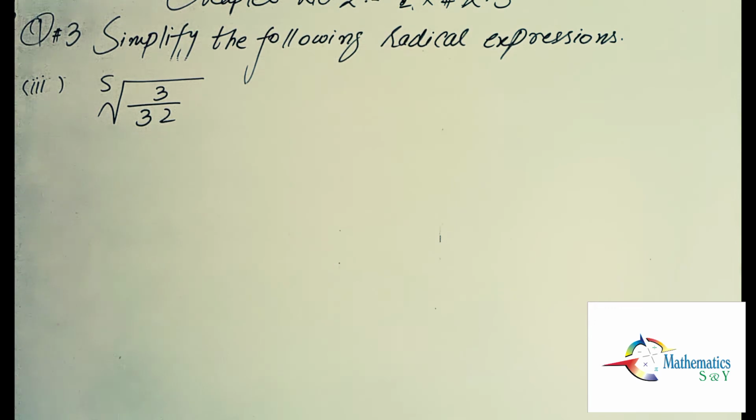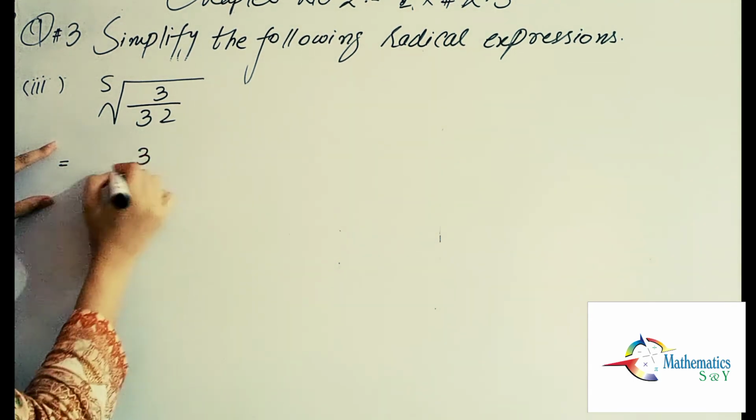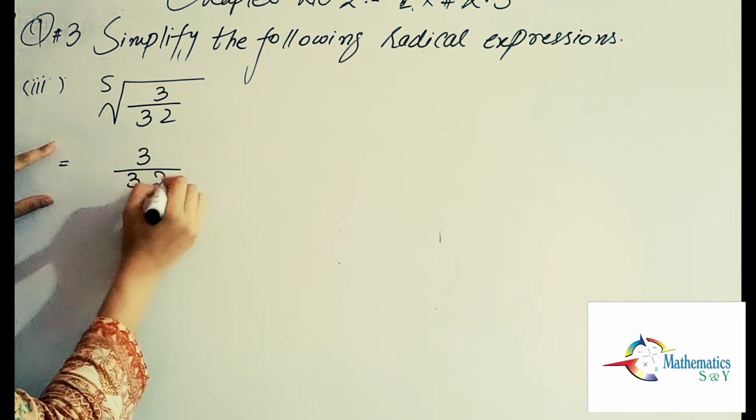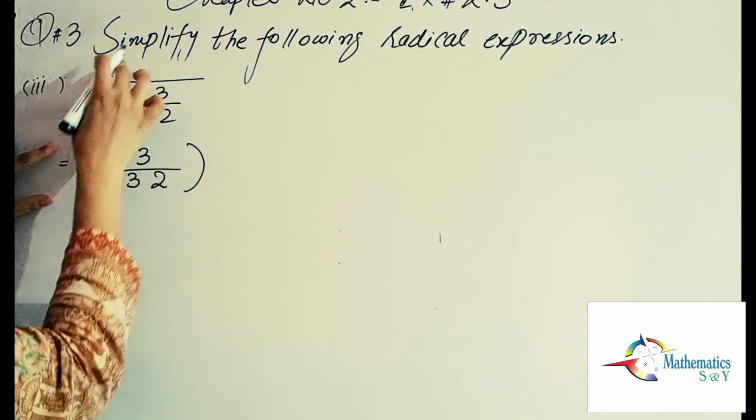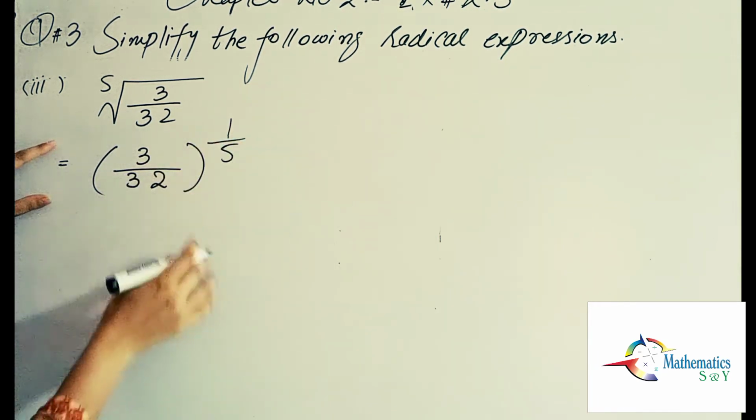Yes guys, here you can see that now the radicand has a fraction. But first of all we write this in the form of exponential form. The index of radical is 5, so its exponent will be 1 by 5.